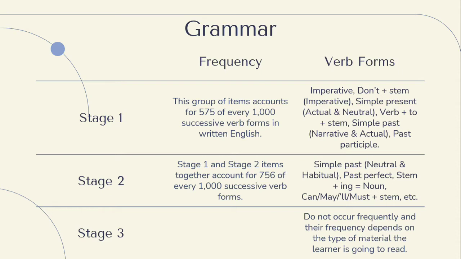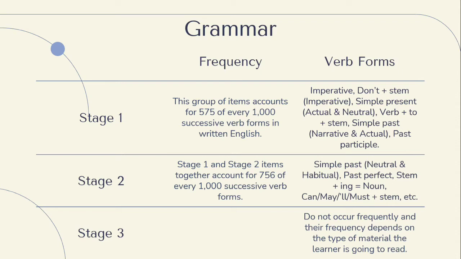Stage 2 of a course could add the following items: simple past, past perfect, stem plus ing equals noun, can, may, will, must plus stem, and so on. Stage 1 and 2 items together account for 756 of every 1000 successive verb forms.